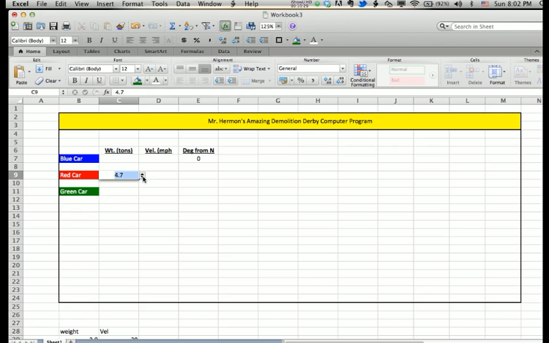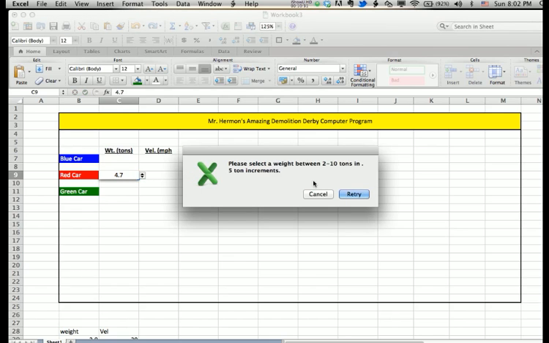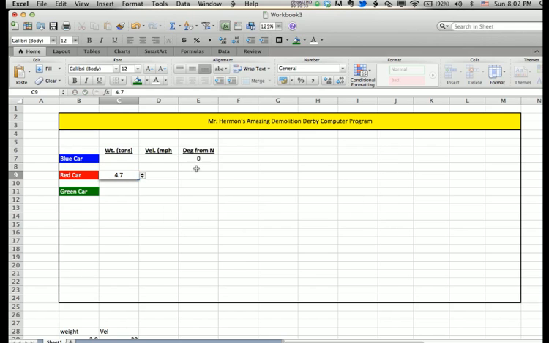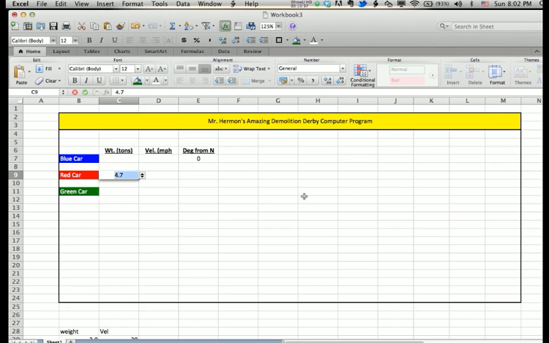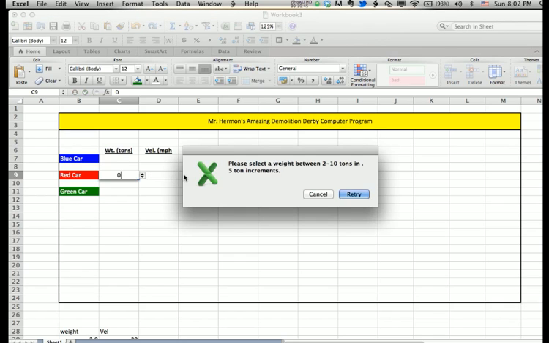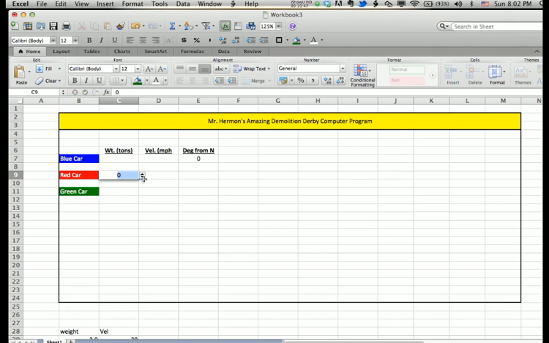So I'll click retry, and when that happens, sometimes I can't click the data thing again, so I'll have to just enter something straight in. Whoops, I can't use that. Two, something like that.